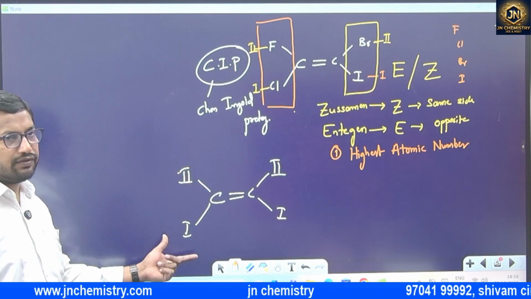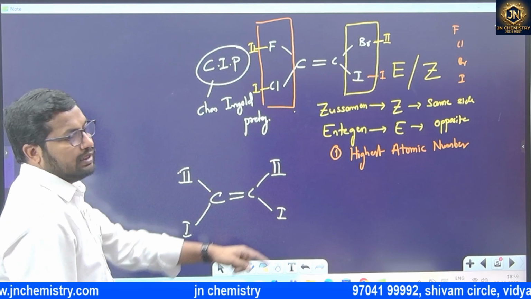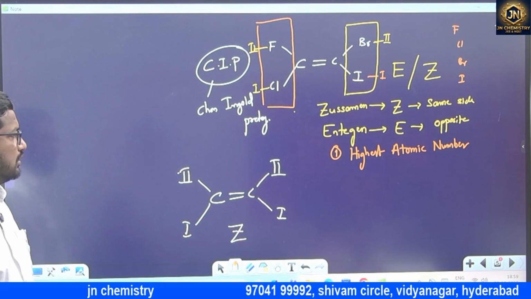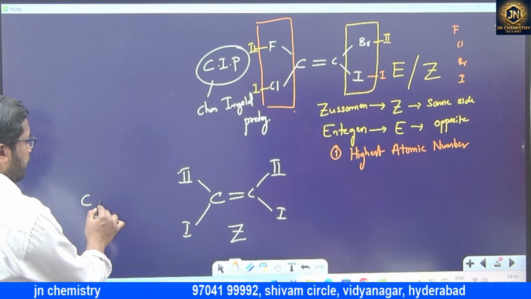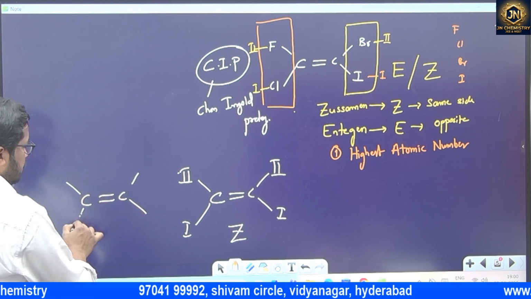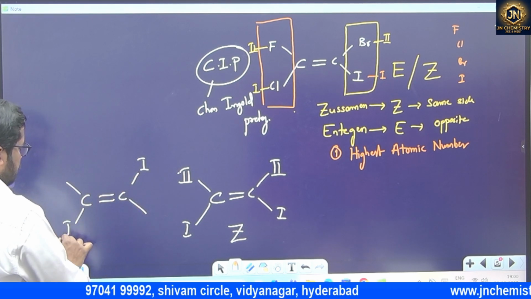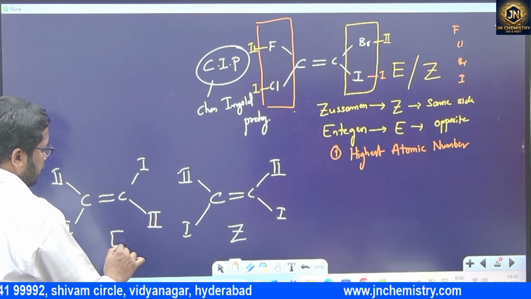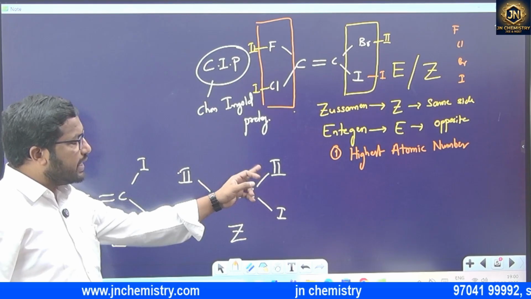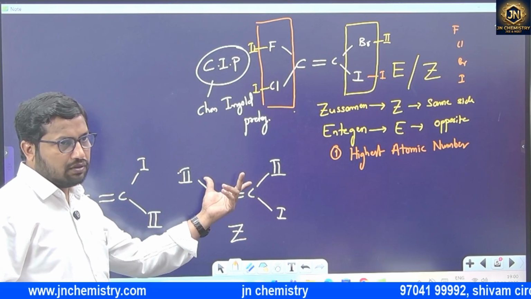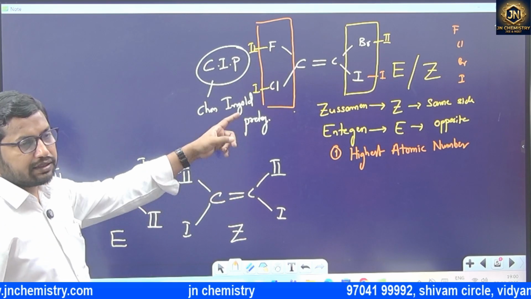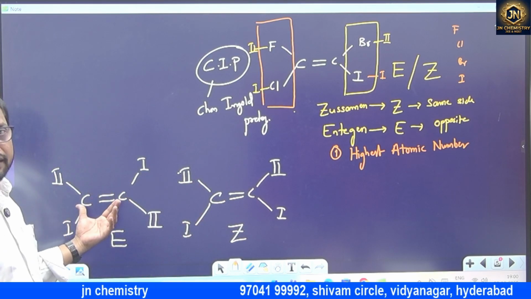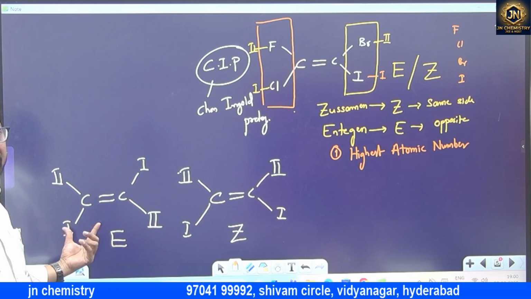Same side means Z. If it is on the opposite side, first and second like trans mode, this is E. Same side is like cis, but we can't say cis; instead of cis we say Z. If it is opposite side, like trans, we have to say E.